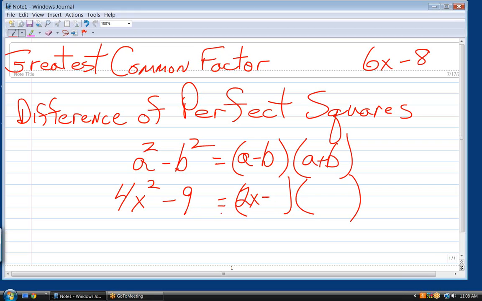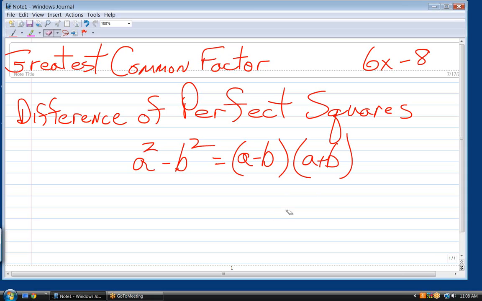What's the square root of 9? What two numbers multiply together to give you 9? 3 and 3. So this one is automatically 2x plus 3. Okay?